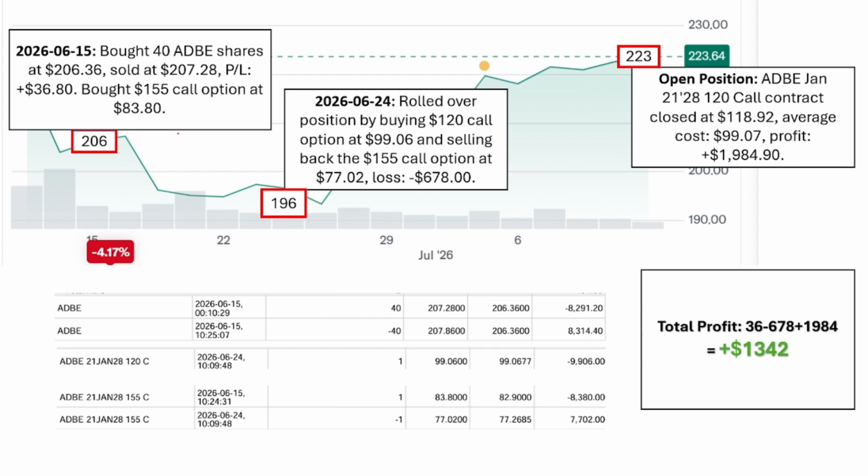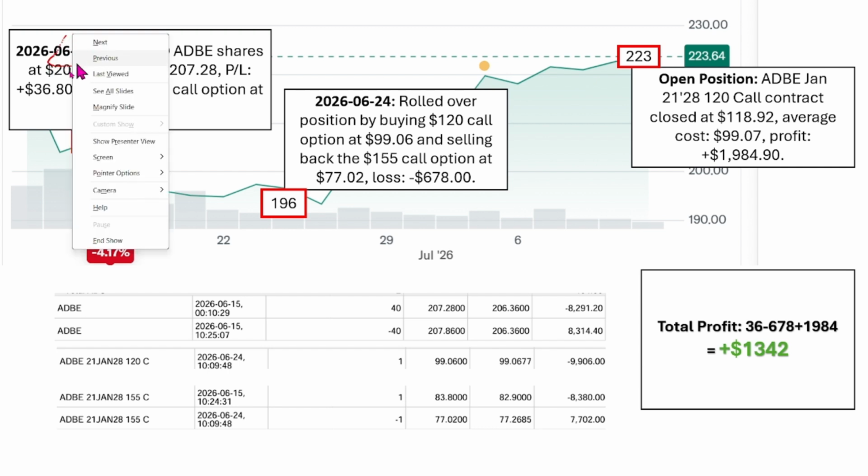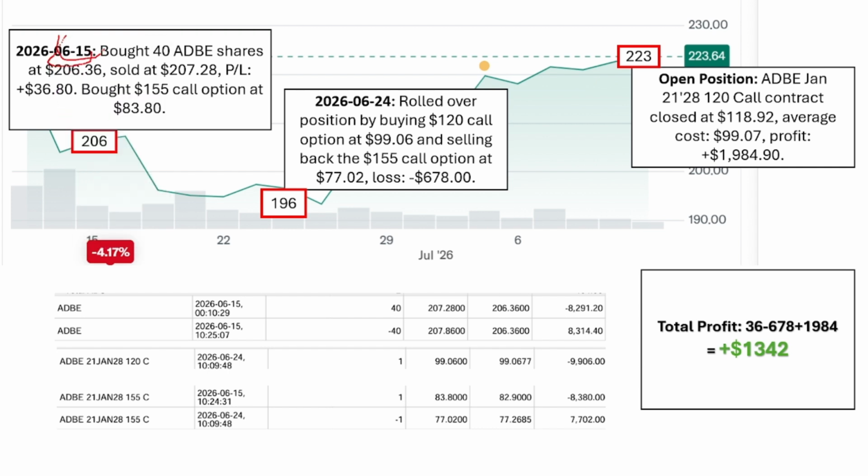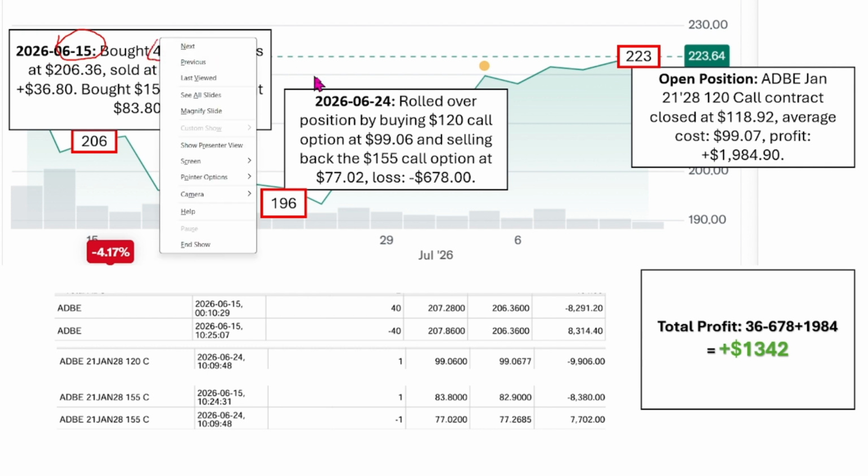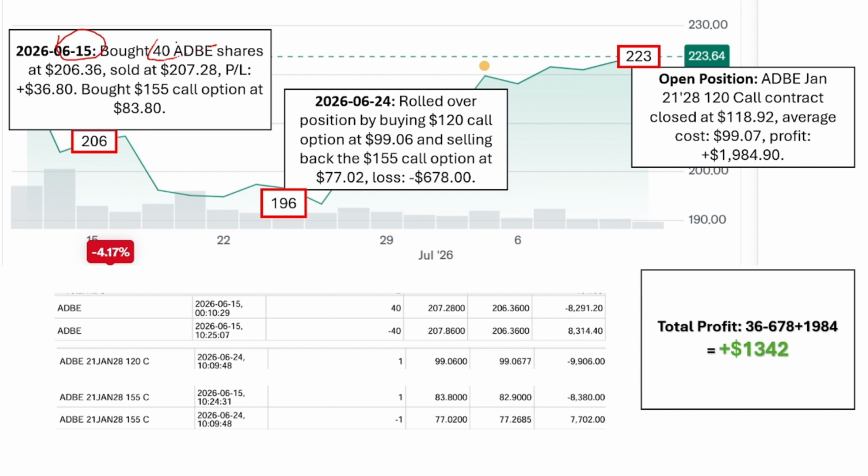What you see here is all the different changes I made with the Adobe position, and I'm going to explain them one by one. On June 15, I bought 40 shares of Adobe, and at that time the share price was 206.